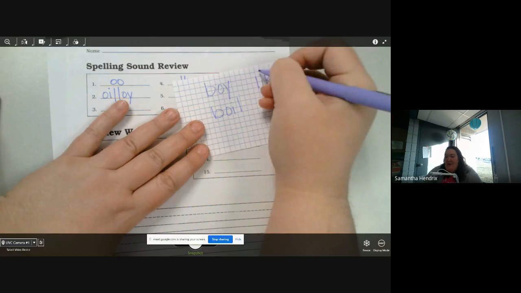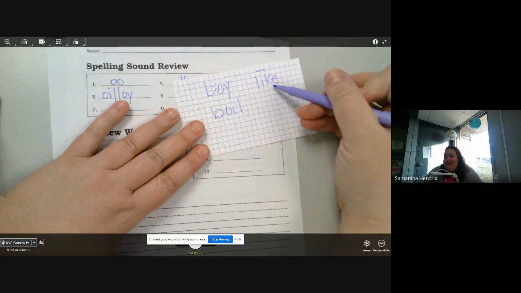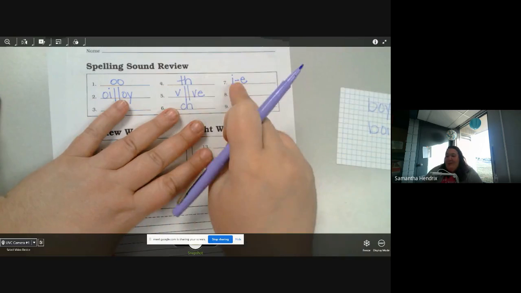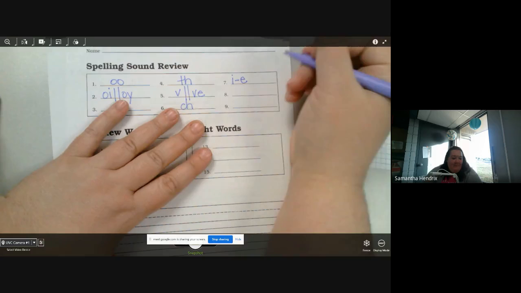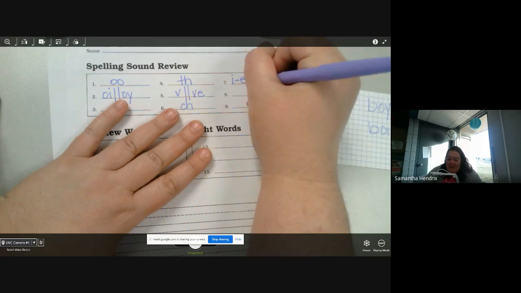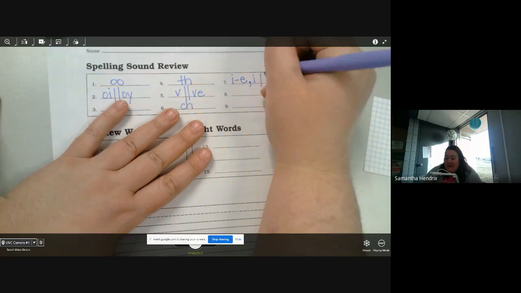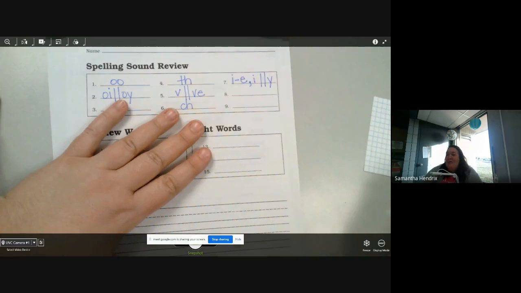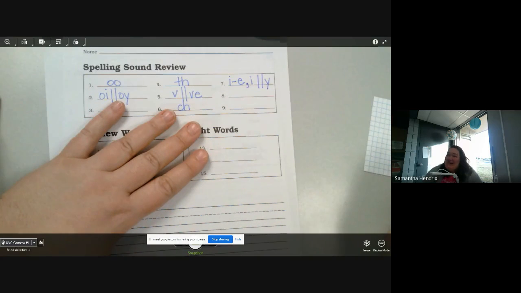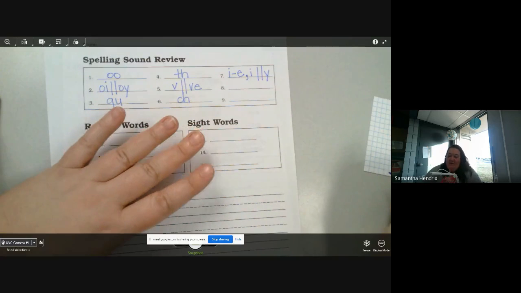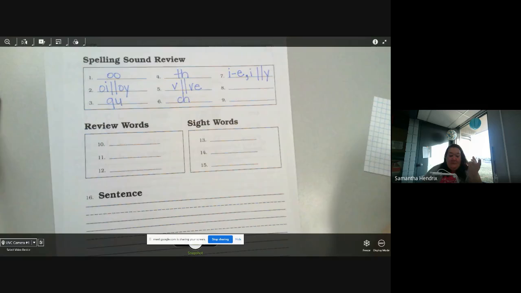That's a long I because we have vowel consonant E. Remember, that's what that means. Vowel consonant E, comma, I, or final position Y. If we hear I at the end of a word, it's going to be Y. And this is a longer one.